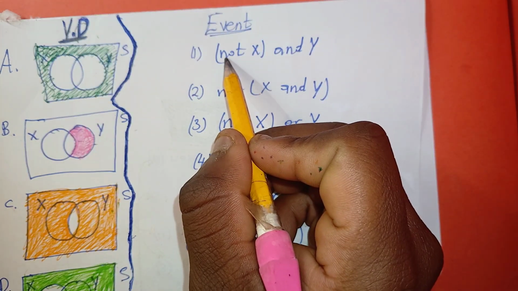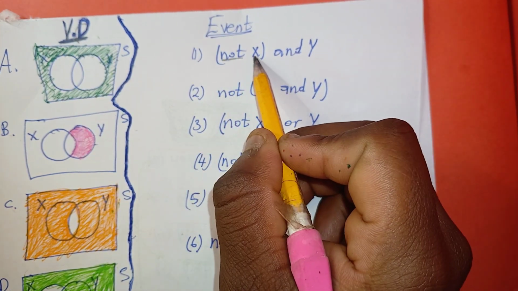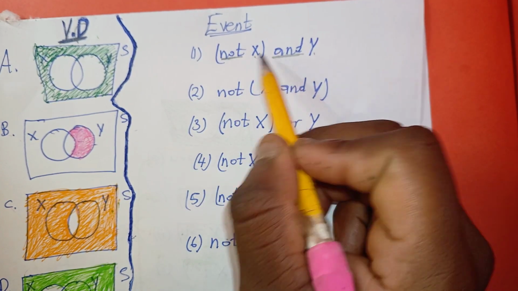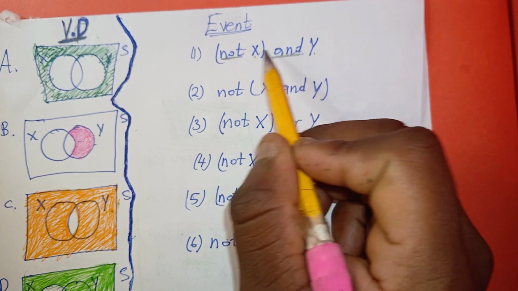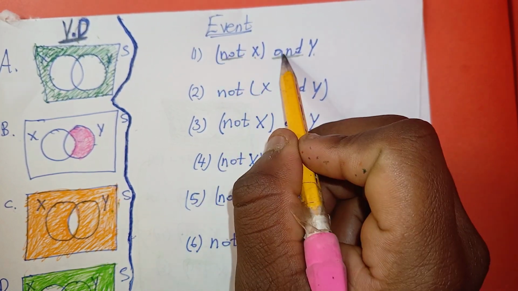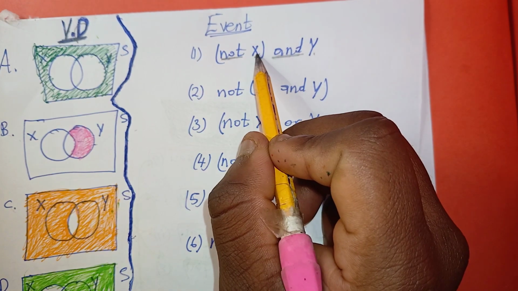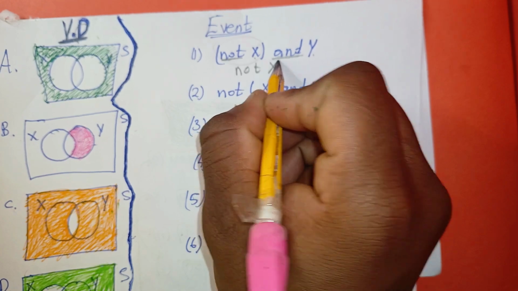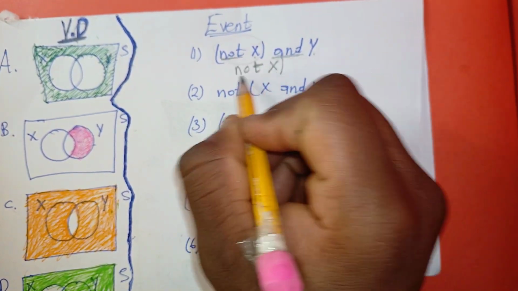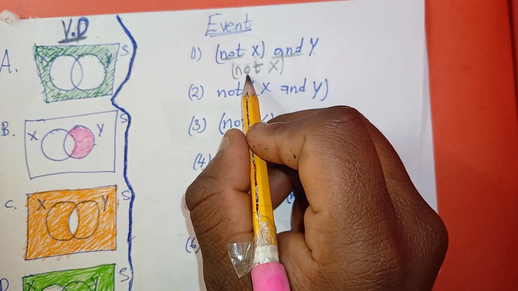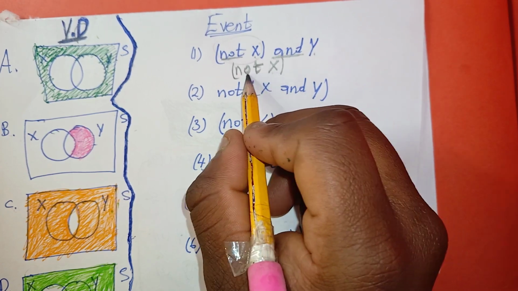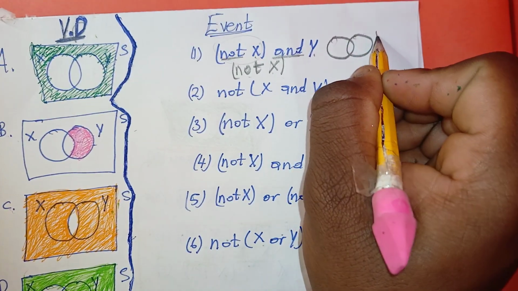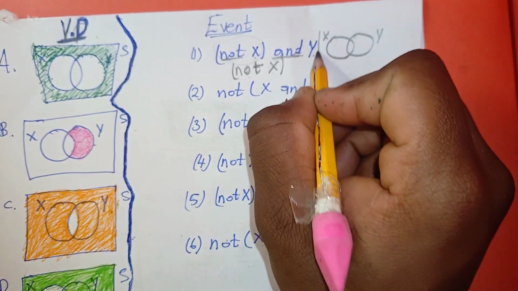When they say not X and Y, the moment you see the word not, they refer to here, they say not X. If you've got these two diagrams, this one is Y and this one is X.